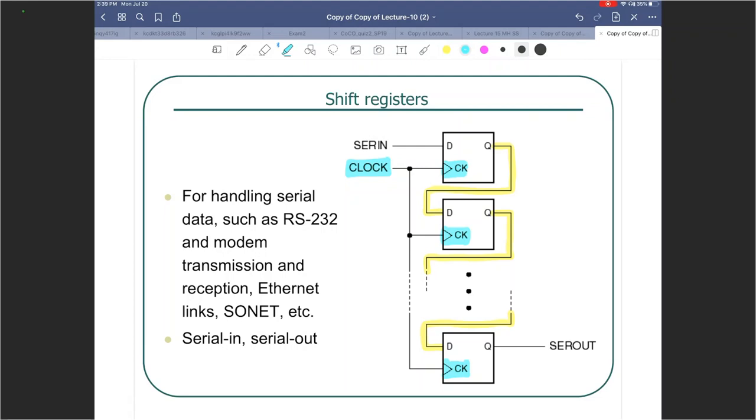So for example, let us say we have an input stream, right? Let us say we have 1, 2, 3, 4. Let's just say we have 5 bit positions, and I'm going to arbitrarily say that this is 1, 0, 0, 1, 1. And we are moving things this way.